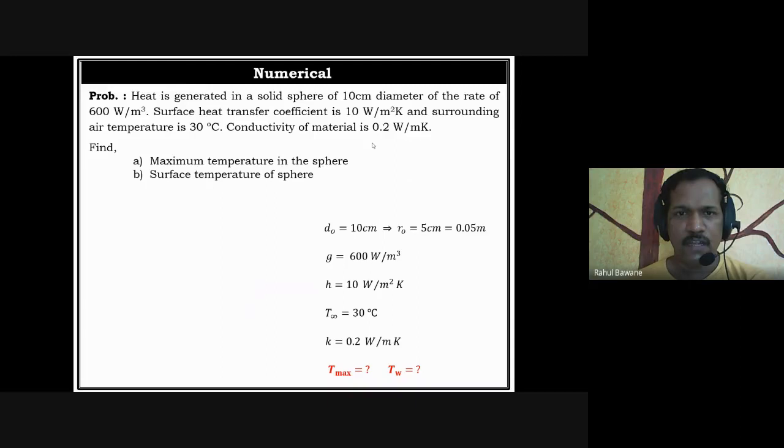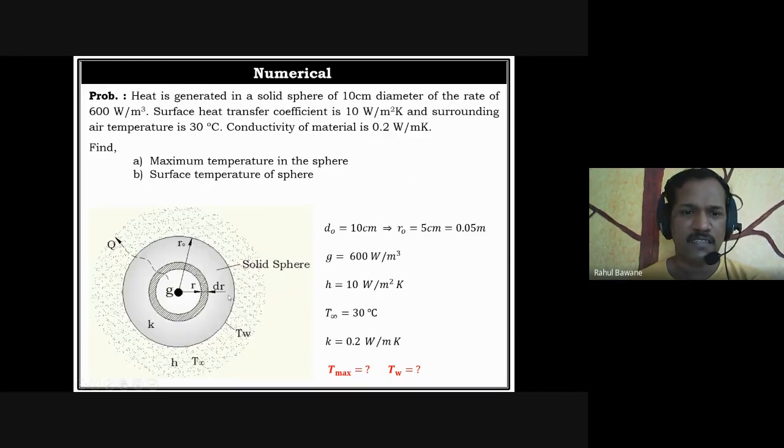If I try to draw a schematic for this statement, it will be like this. There is a sphere, R0 is the outer radius, heat generation source G, then heat transfer from source to the surface, then from the surface to the convective medium. This K is the material conductivity, H is the convective coefficient, T infinity is the temperature of the surrounding, and this is T wall.